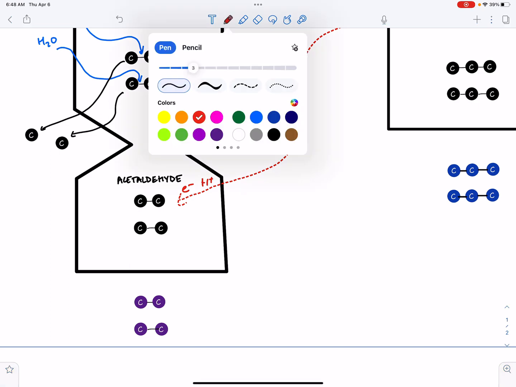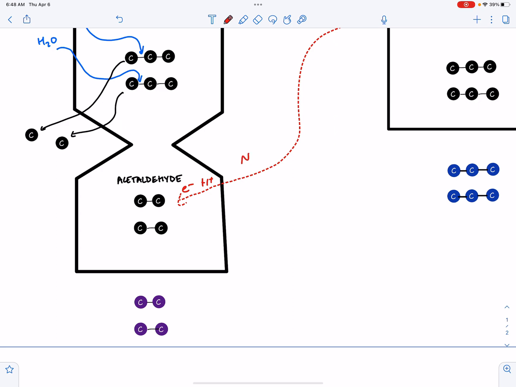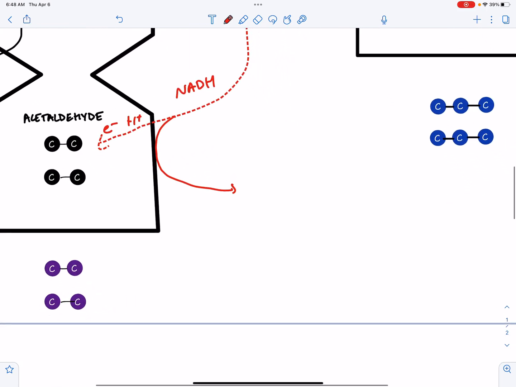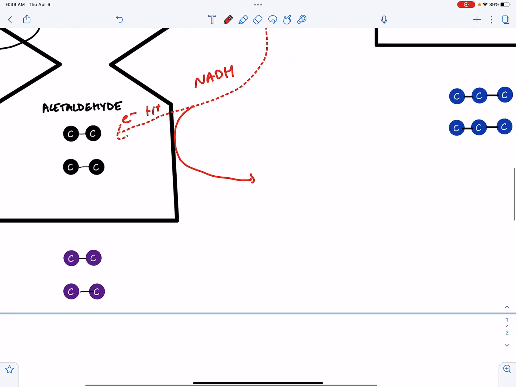And in the process, this NADH coming in is itself going to be oxidized and recycled back to NAD+.